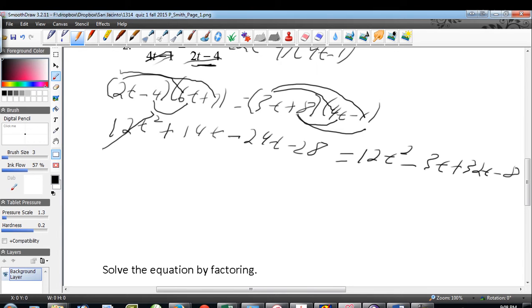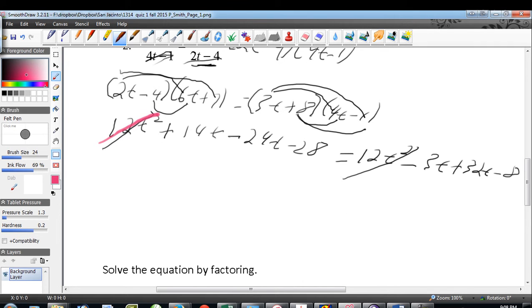So I'm going to kill that guy. This guy right here has a 12t. So I'm going to kill both of those guys. That's what makes that nice, because now that goes away. Right there. Those guys kill each other.